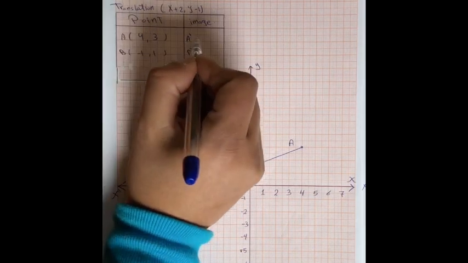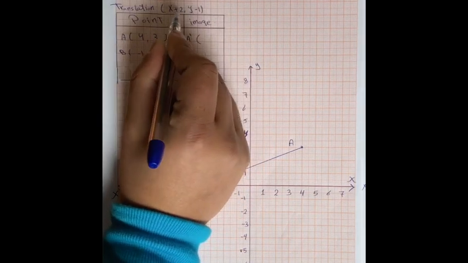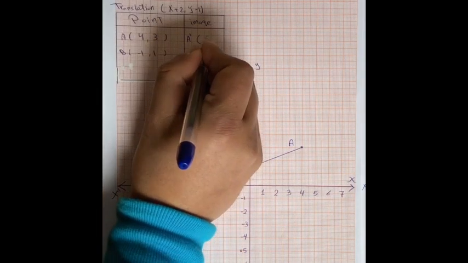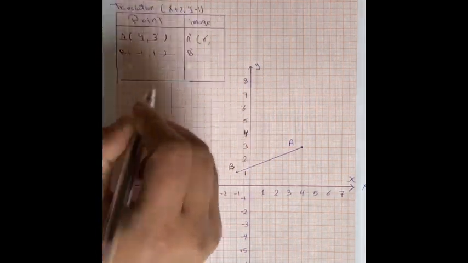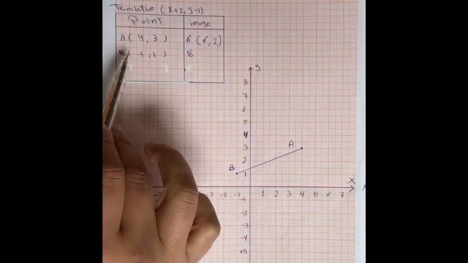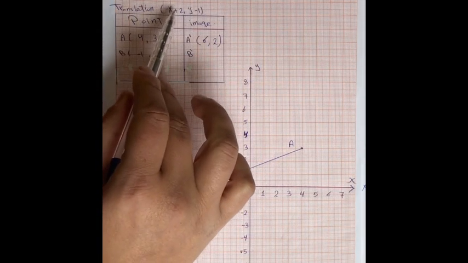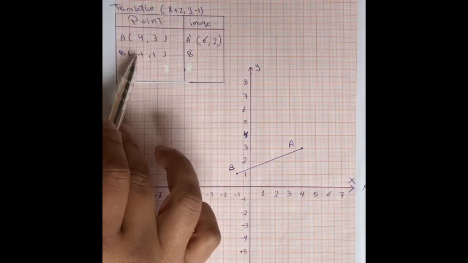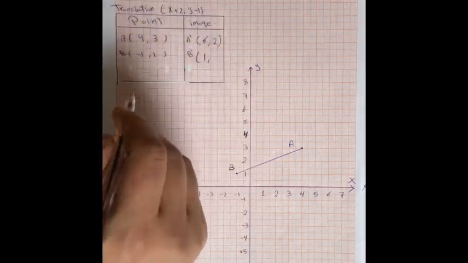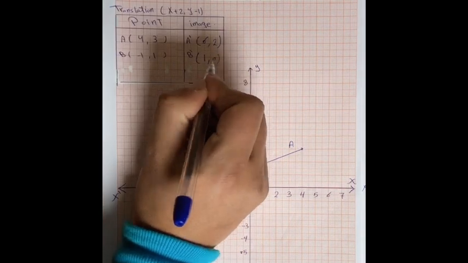So the image of A by translation x plus 2, y minus 1 is going to be 4 plus 2, which is 6, and 3 plus negative 1, which is 2. After that, the image of the point B by the same translation: negative 1 plus 2 is going to be 1, and 1 plus negative 1 is going to be 0.